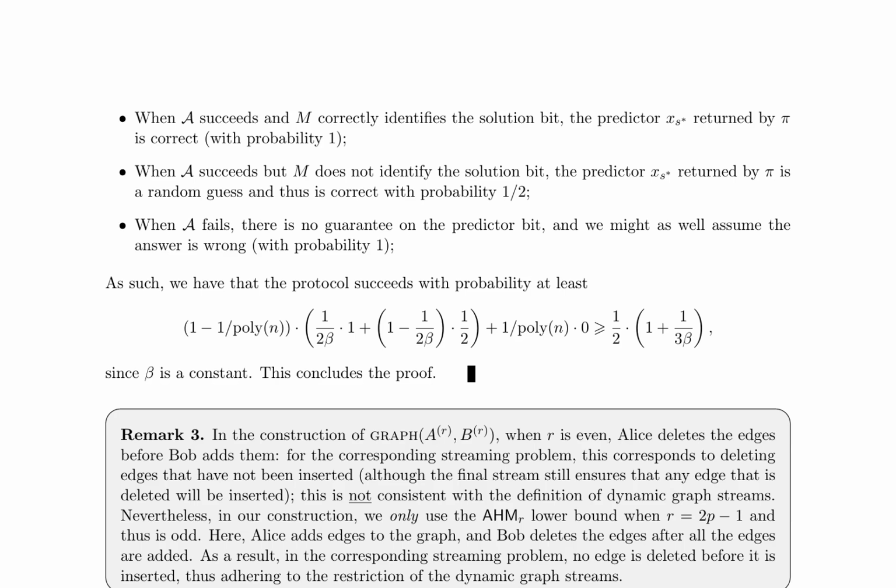This probability is derived from the cases where algorithm A succeeds and M correctly identifies the solution bit, when A succeeds but M fails, and when A fails. The construction of graph A_R, B_R is also discussed, highlighting the difference in behavior when R is even versus odd.